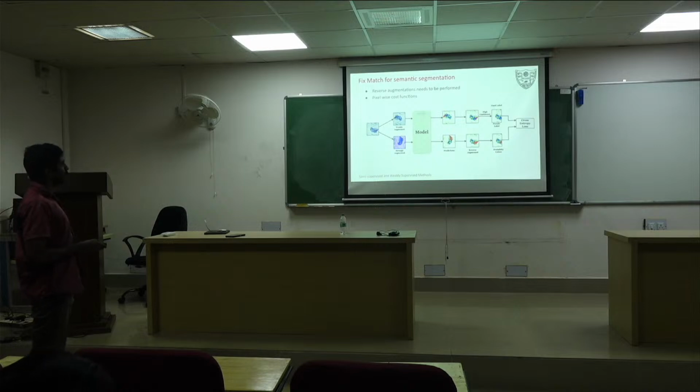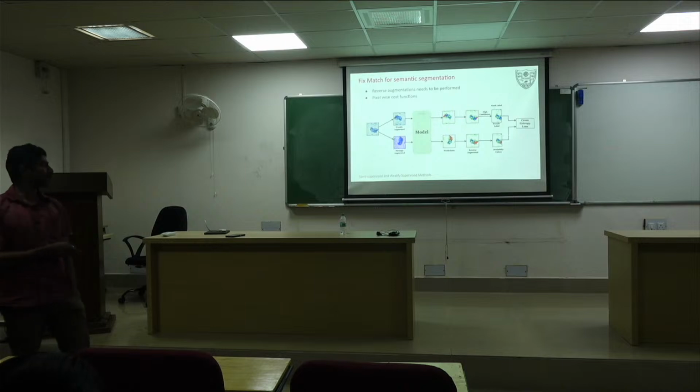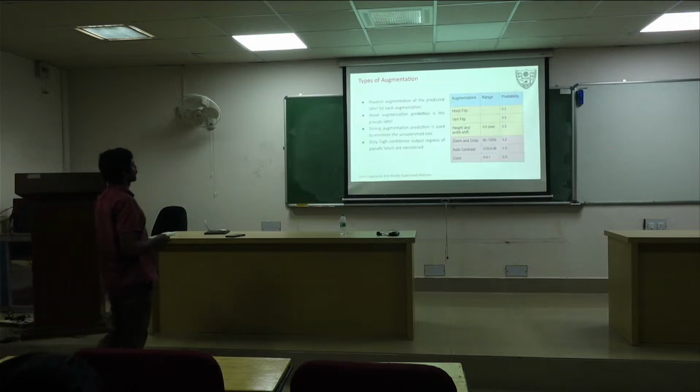So again we have to reverse all the augmentations before getting into this loss computation. So this is the weakly augmented picture and this is the strongly augmented picture, and you try to do this. Of course this is only the fixed match part. You also train it with the supervised data. So this is the kind of augmentations.